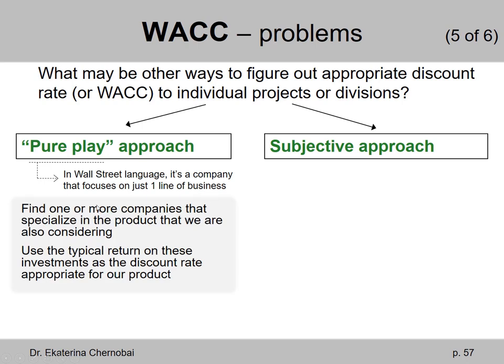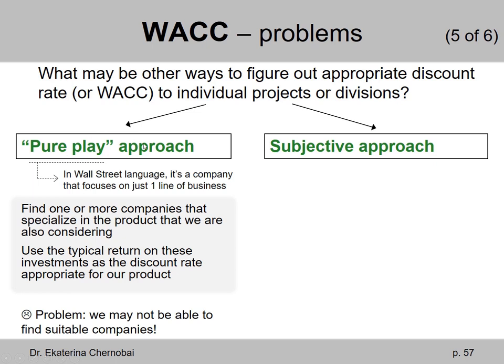So our company that would like to undertake a new project that involves producing something specific may want to find one or more companies that specialize in the same kind of product. And we would then use the typical return on these investments from those other companies and sort of borrow it and use it as the discount rate for our product.